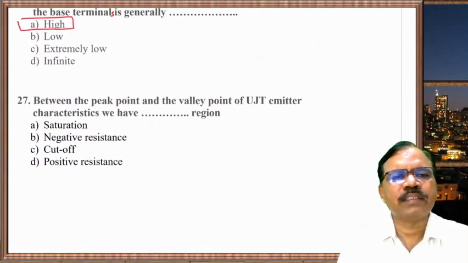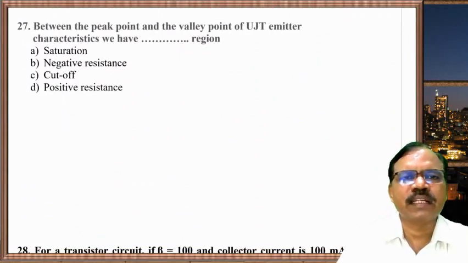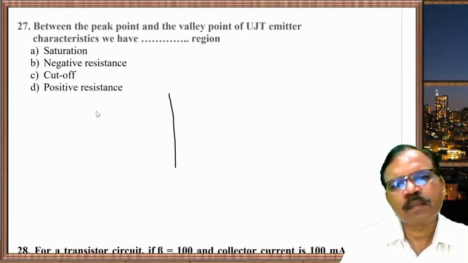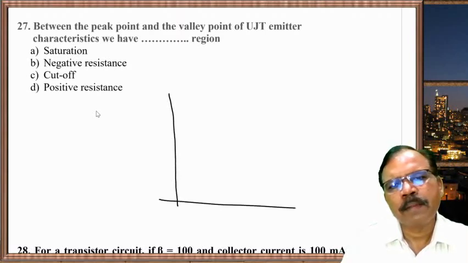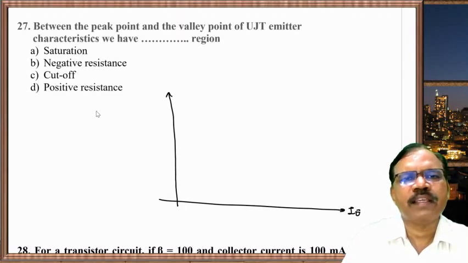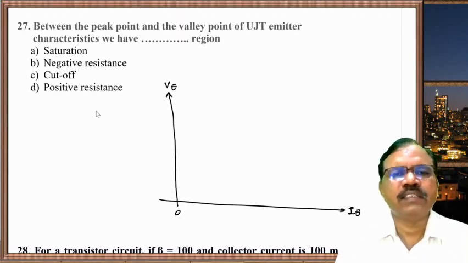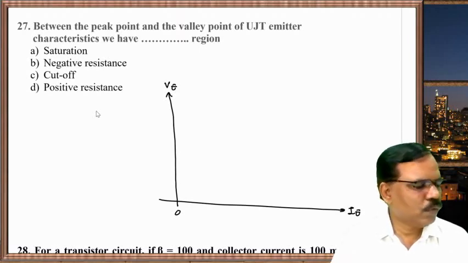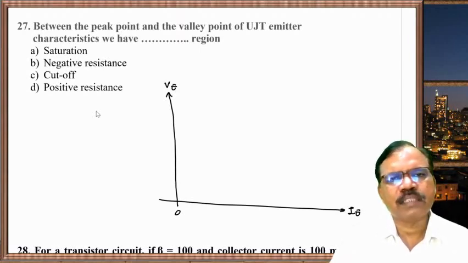So if we plot a graph between IE and VE, here VE is 0, IE is 0, and the nature of the graph is like this.